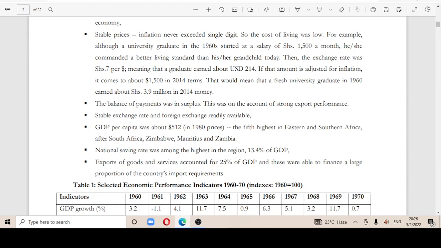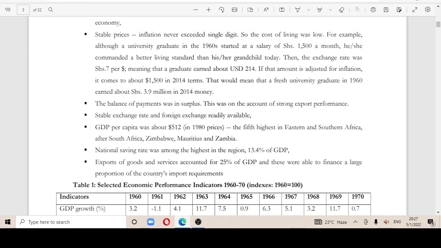Then we are having exports, which accounted for 25% of GDP. This means that the exports were bringing in foreign exchange money to finance a large portion of the country's import requirements.